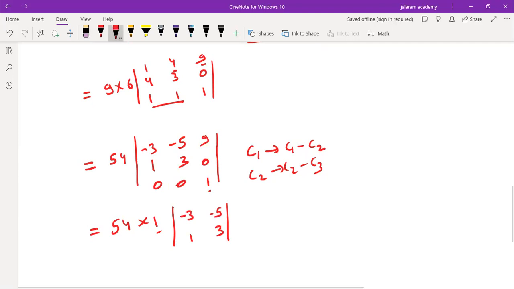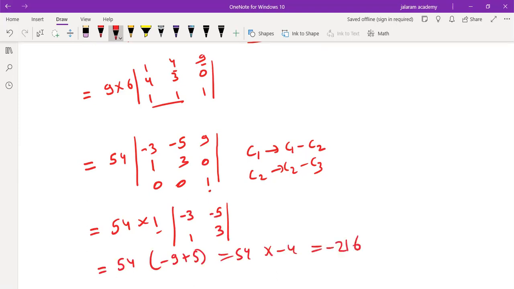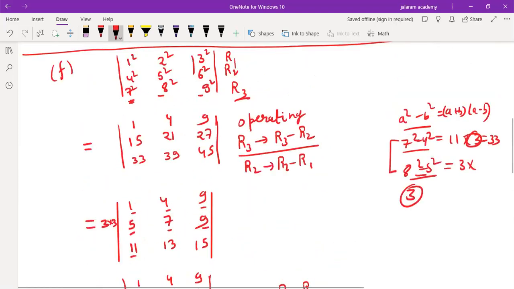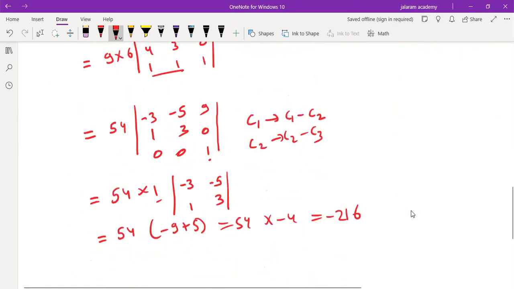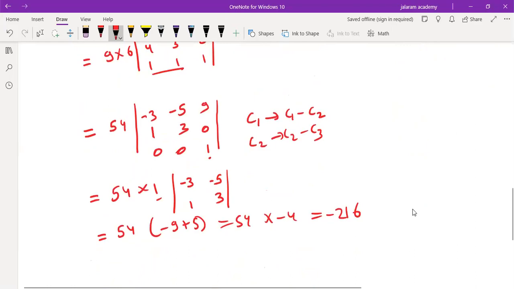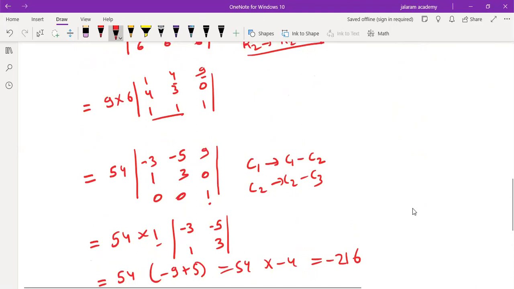So it will give the result 54 into minus 9 plus 5. So 54 into minus 4, that is minus 216 will be the answer. This way we can solve it, expanding at the end for only a 2 cross 2 determinant.